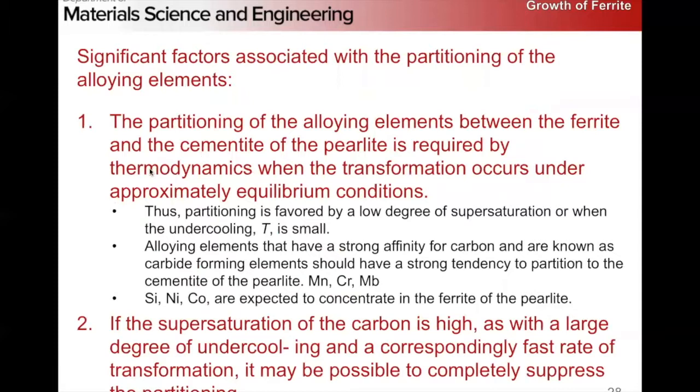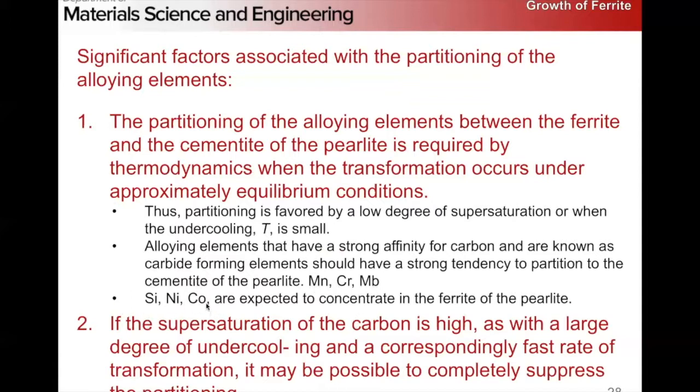And so if we're doing things slowly and we're approximating equilibrium conditions, right, partitioning is going to be favored by a low degree of undercooling or when our supersaturation is small, right? And alloying elements that have a strong affinity for carbon are generally known as carbide formers. They're going to have a strong tendency to partition to the cementite of the pearlite: manganese, chromium, molybdenum.